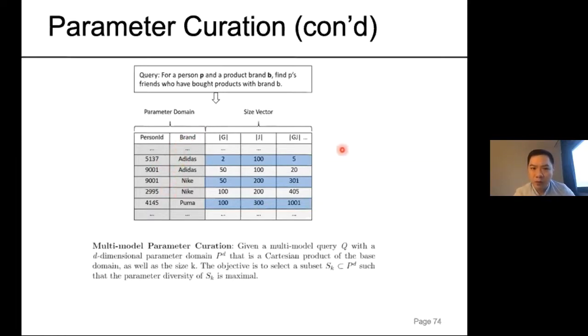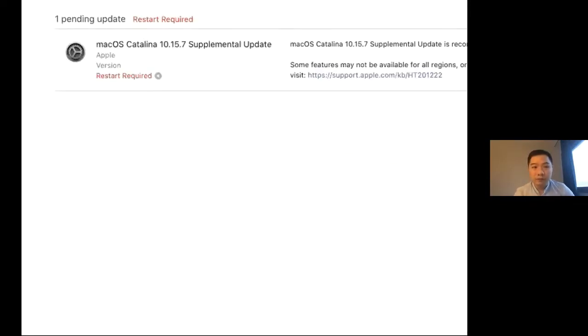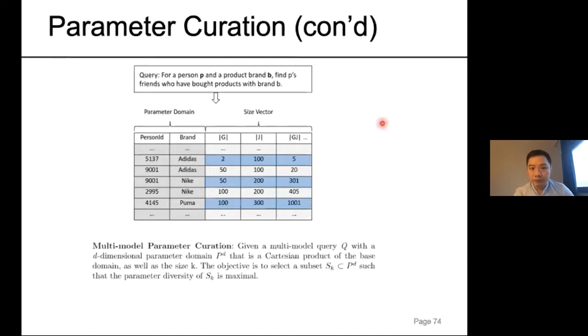So first of all, we represent the size vector involving the multimodal intermediate results. So for example, this query will involve two base dimensions, graph and JSON, short for G and J, and also their join results, which is represented as GJ.